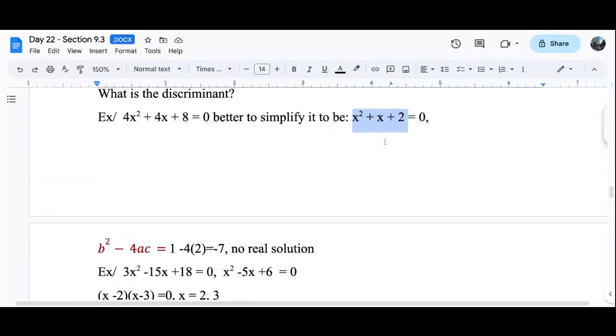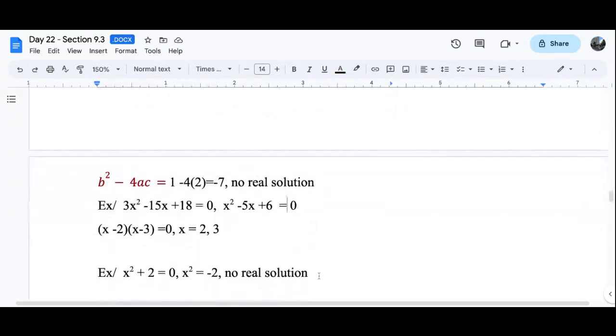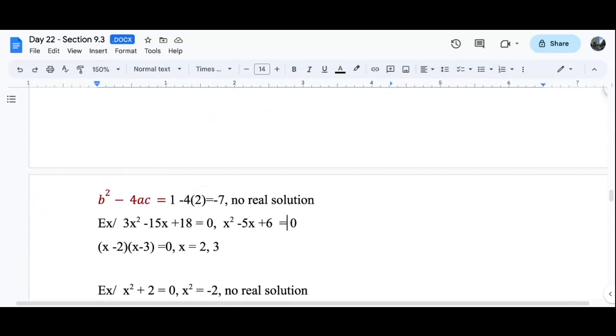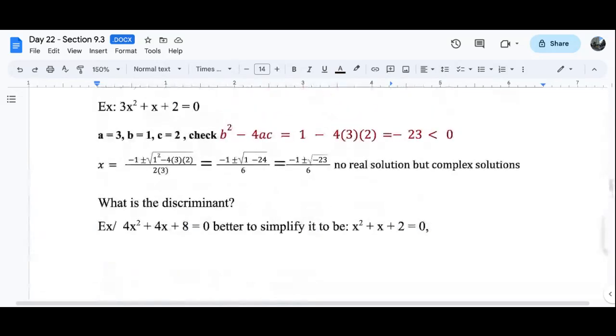C is 2, a is 1. So 1 minus 8, that's negative 7. So the discriminant is negative, which means there's no real solution. Anyone has any question?